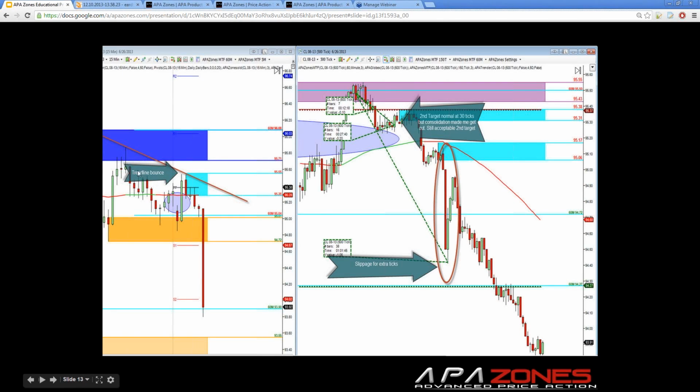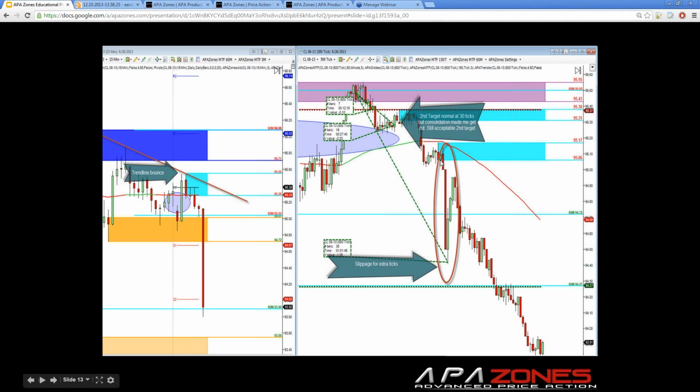Anyway, just to give you a little bit of context, we have a 15-minute chart. I really like 15-minute levels. They just seem to work out really, really well. Today in the crude oil market, the 15-minute levels worked out extremely well as well. So we have a 15-minute and a 500 tick chart.